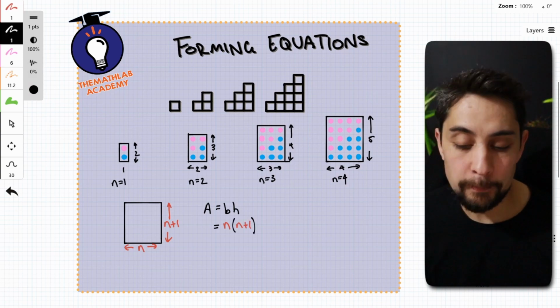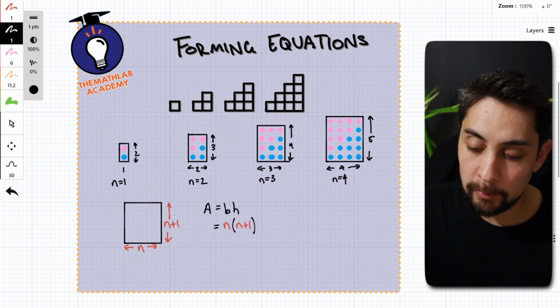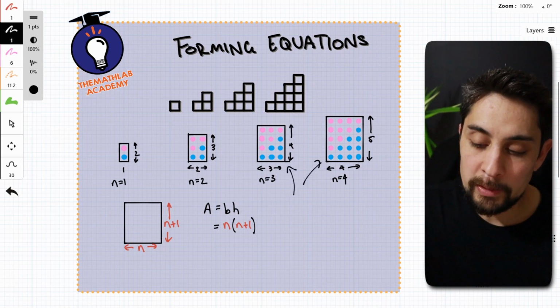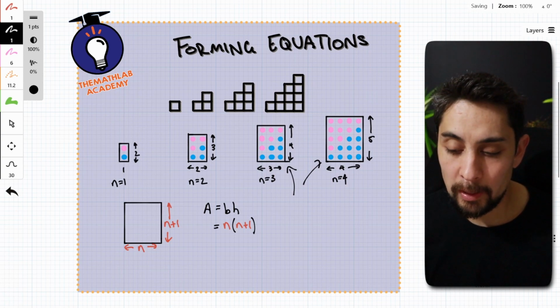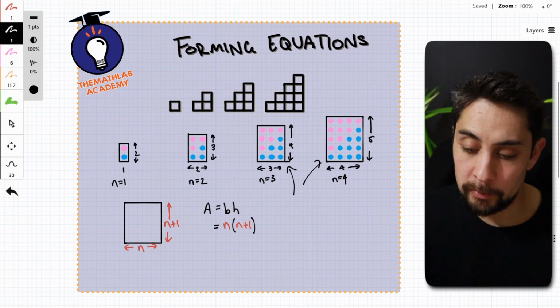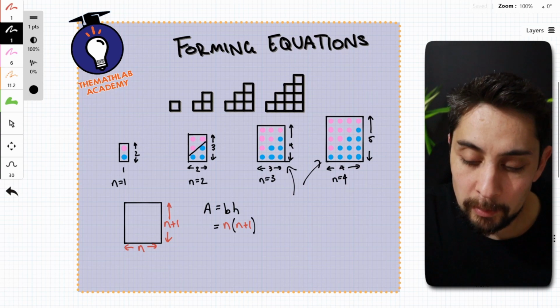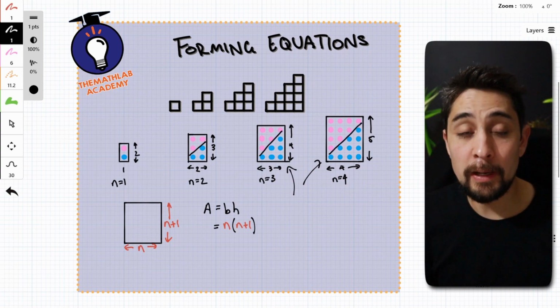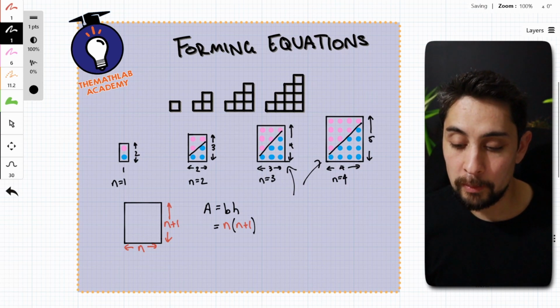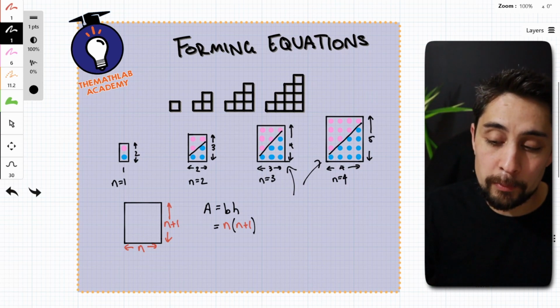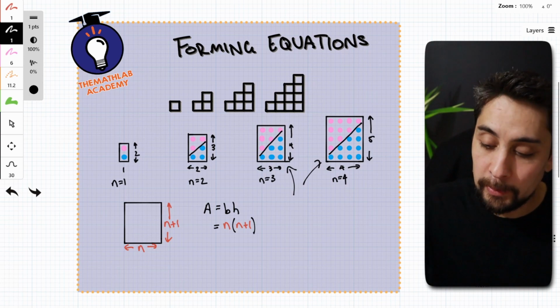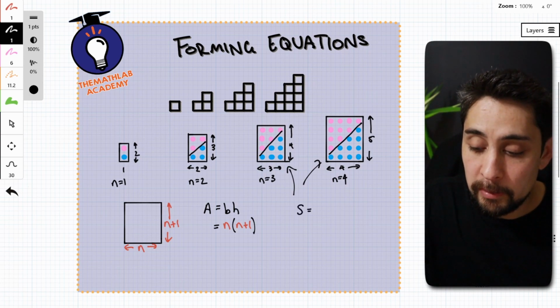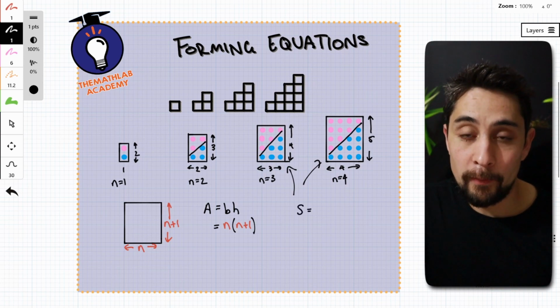But we're not done yet, because if we take a look at the pictures here, we started off with the blue circles, and we only want to end with the blue circles. Luckily, each of these rectangles we can now cut in half and end up with the blue circles. And because the circles represented the squares in the original picture, I'm going to use the letter S for number of squares for our final equation.